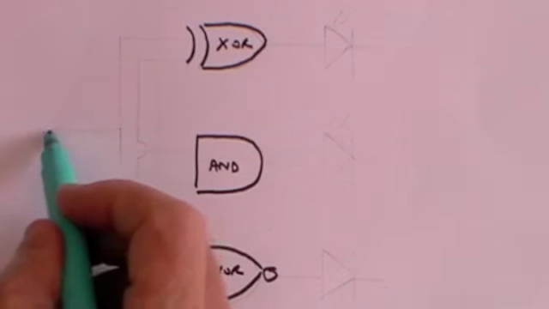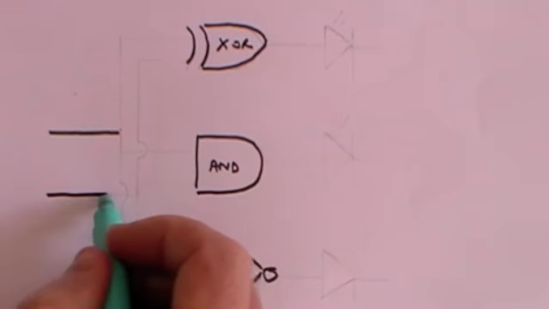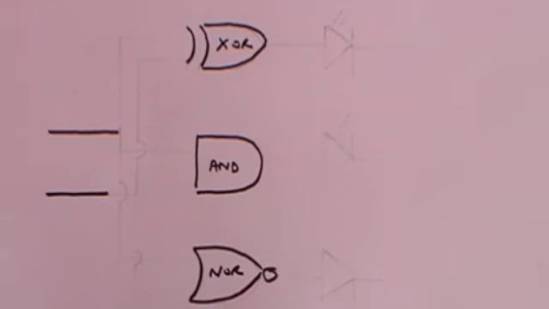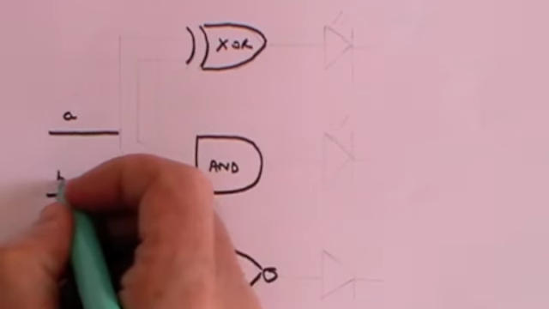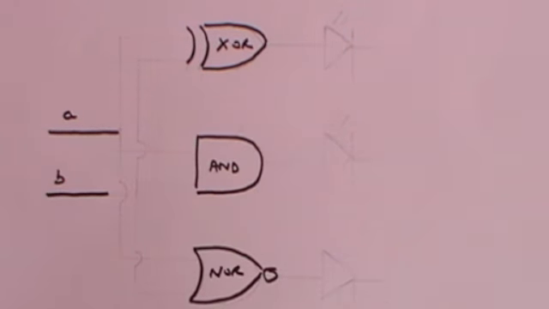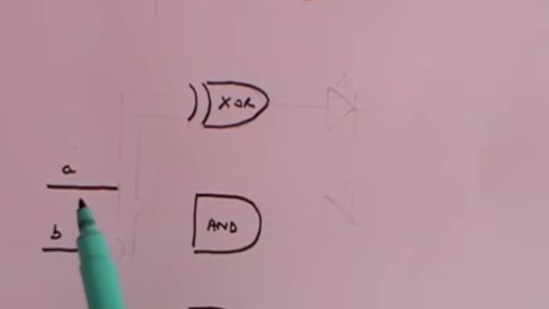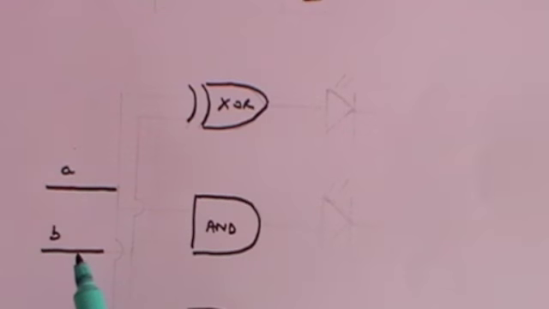We're going to have two inputs, and they are going to represent our values of A and B. And if there's a positive voltage, then that represents the number 1. And if there's no voltage, then that represents the number 0. So in other words, we're going to either put a positive voltage on A or not, and a positive voltage on B or not. And the positive voltage represents our number 1, and if we don't put a positive voltage on, that represents the number 0.